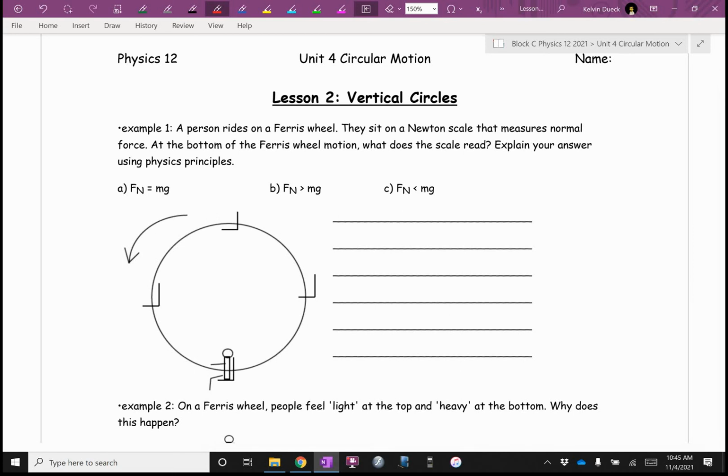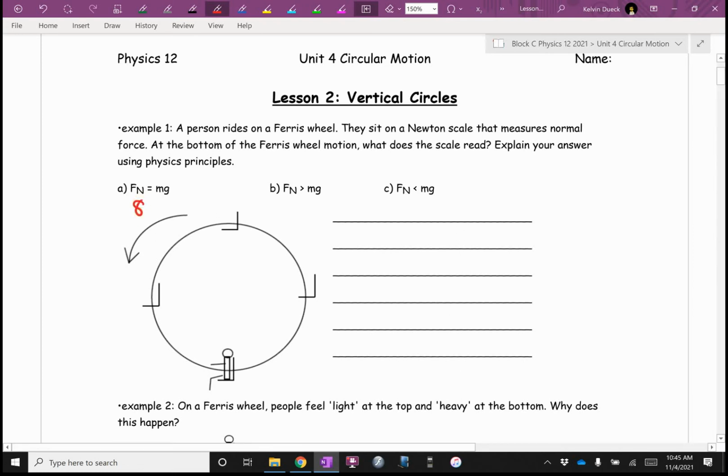I'm positive, pretty sure. I'm only guessing because Mr. Duick can make fun of me if I don't vote. So, you ready? At the bottom, who says you read mg? The answer is A. 1, 2, 3, 4, 5, 6, 7. I think I saw 8.